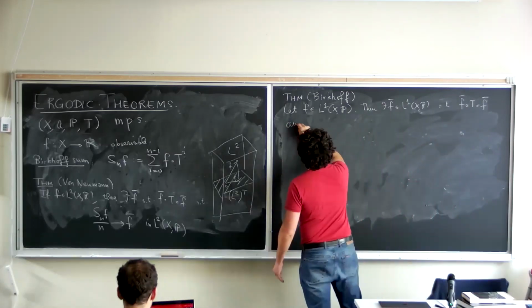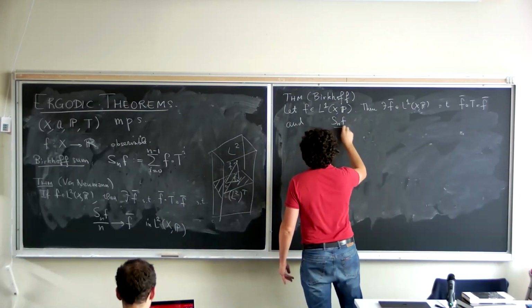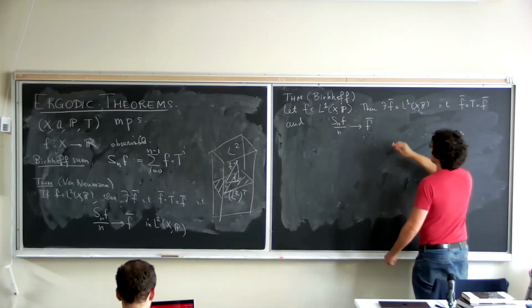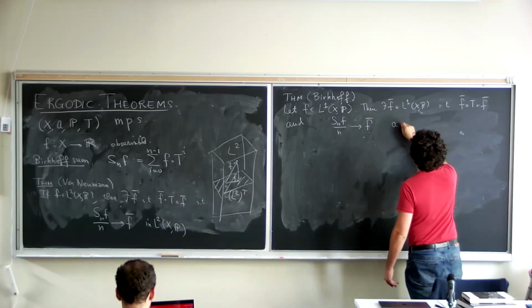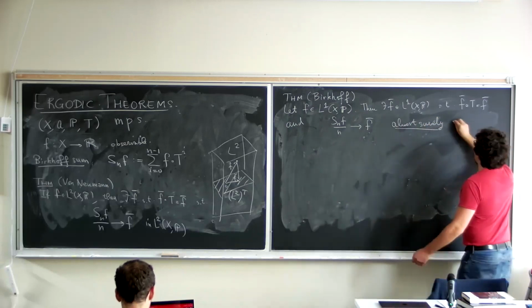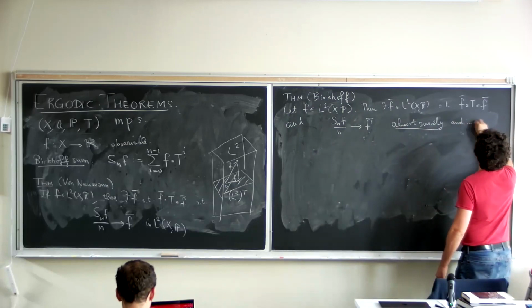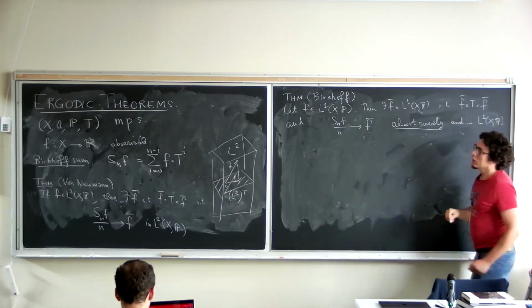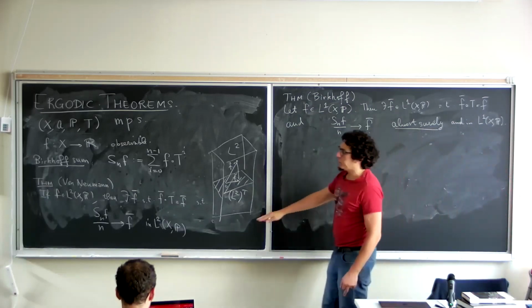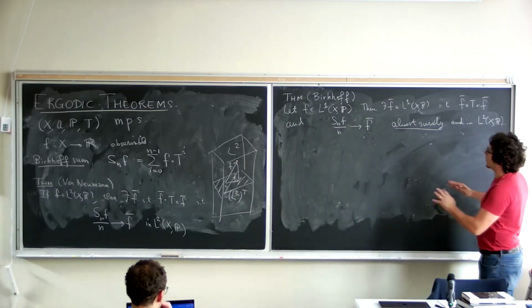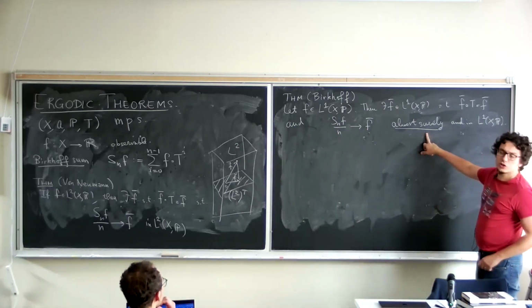And most importantly, S_n f over n converges to f bar, and here the most important word in this theorem is almost surely. And in L1, that's also true. So the upgrade here is not just to go from L2 to L1, which already would be some upgrade, but I think the really big upgrade is that we go to almost surely.